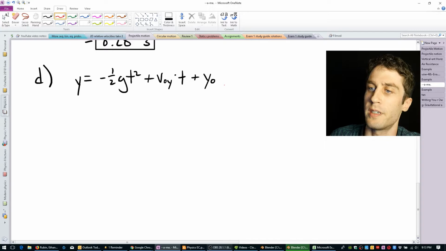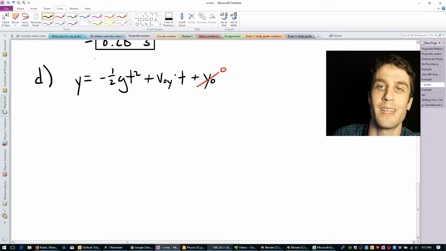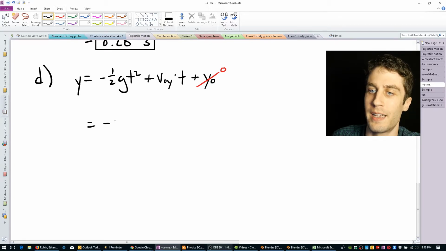Where does the ball start? It starts in your hand, which is the origin of our coordinate system. So that's 0. And then everything on the right-hand side is actually given to us. So I don't need to do any algebra, I don't need to do any quadratic formula or anything like that. I'm just going to get -1/2. Be careful, because this is no longer 9.8.